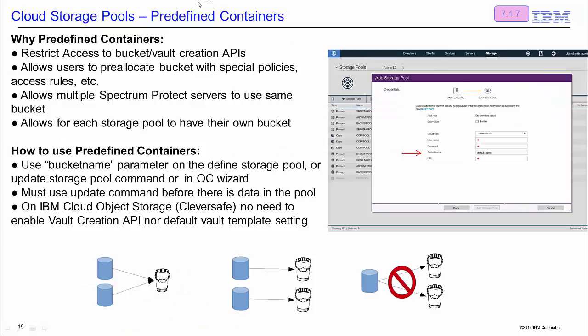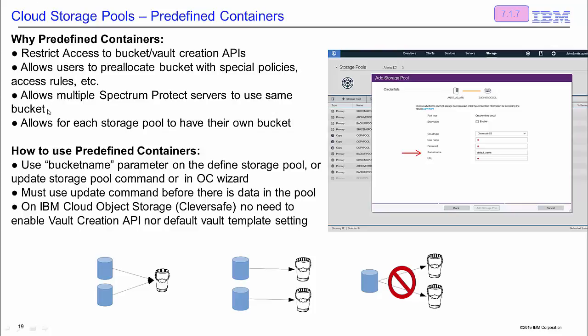Speaking about predefined containers, with many S3 vendors, you can go out there and predefine these buckets or vaults through the Cloud API. And the reason that many users like to predefine these buckets is if there are special policies, if there are special access rules or such that they want to implement, they want to do that on their own prior to Spectrum Protect accessing those.